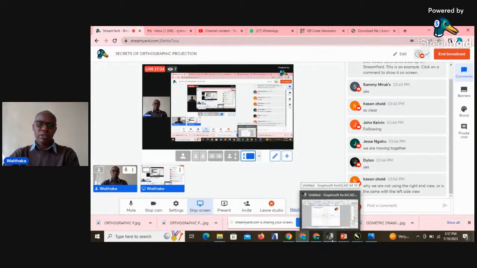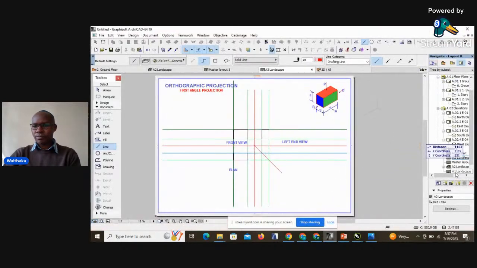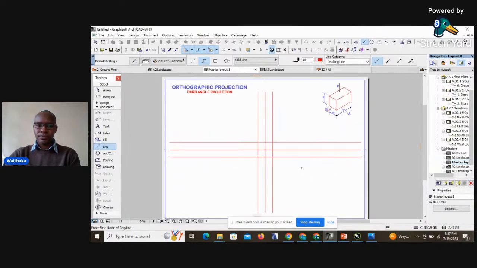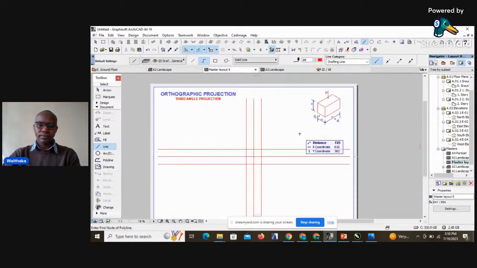So therefore, allow me to share my screen again so that we move to third angle projection. Just a minute, I'm sharing the screen.